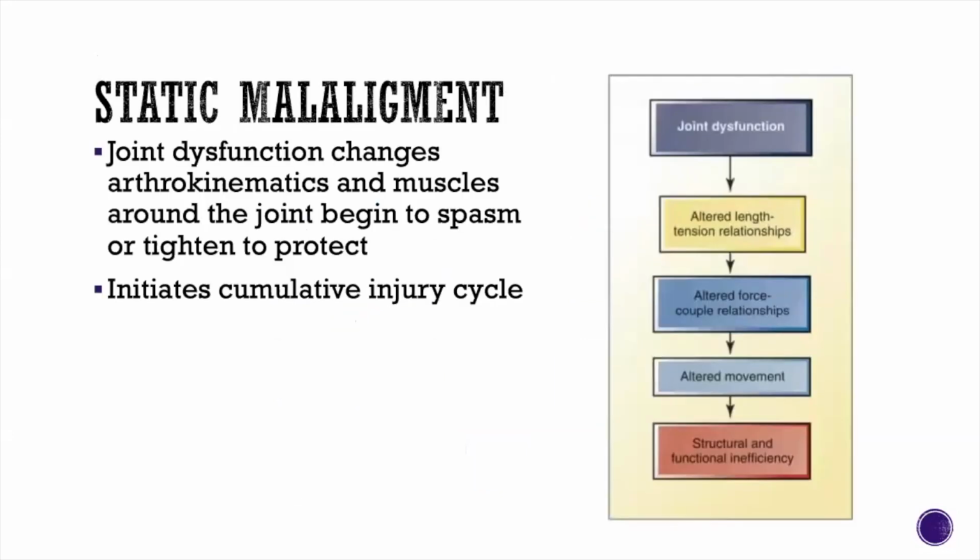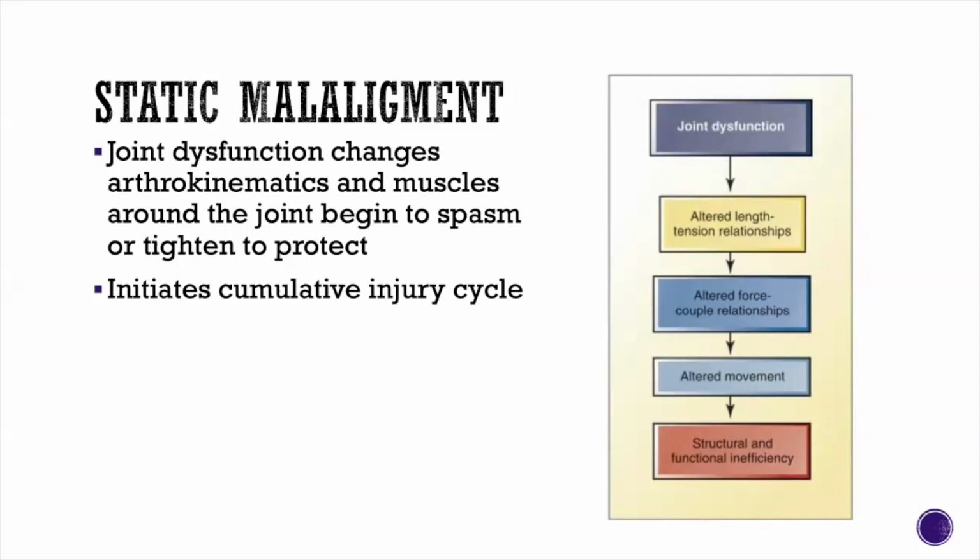So when we have our joint dysfunction, right, and we have these different altered things, the length tension relationship, the force coupling relationship, we get altered movement because we have those muscle imbalances. And essentially, it ends up causing structural and functional inefficiency. So the system is no longer working at optimum neuromuscular efficiency, and instead we are impaired, right?